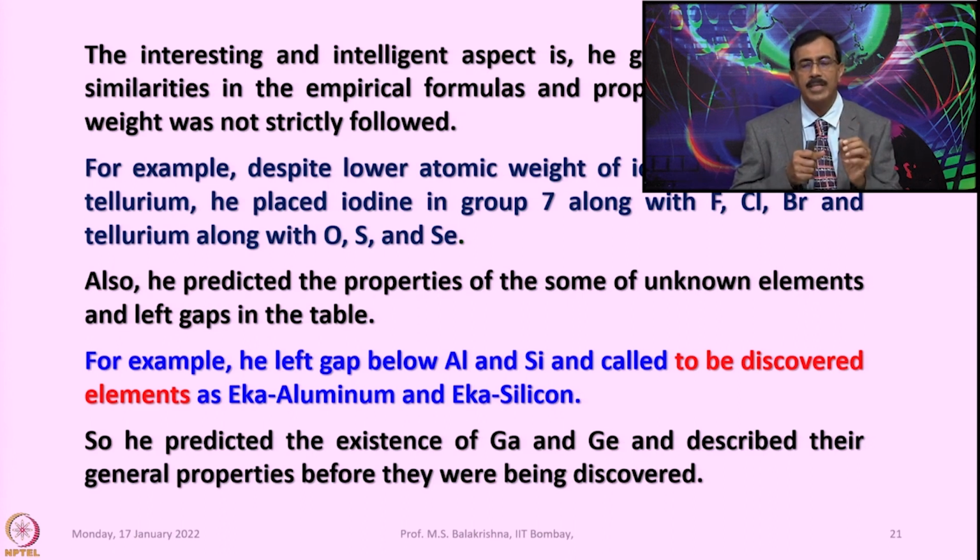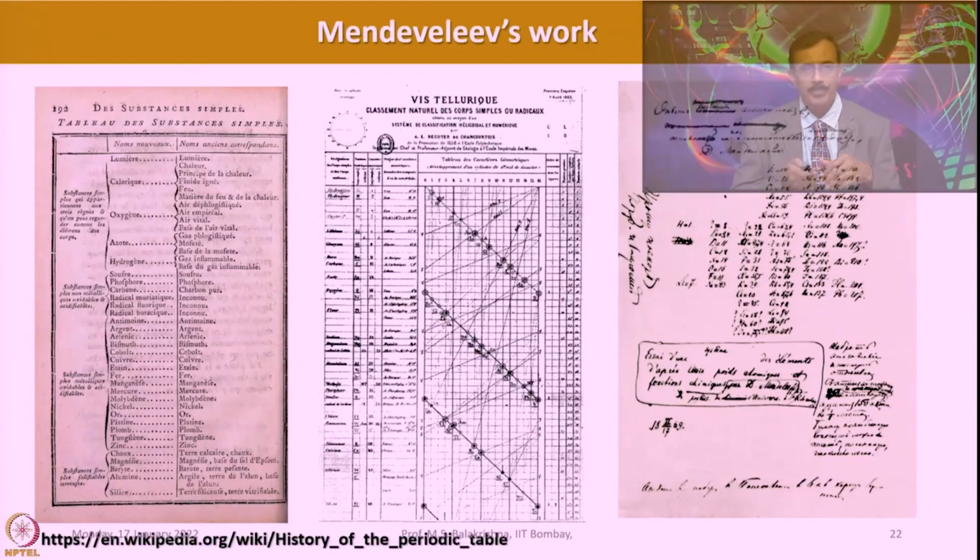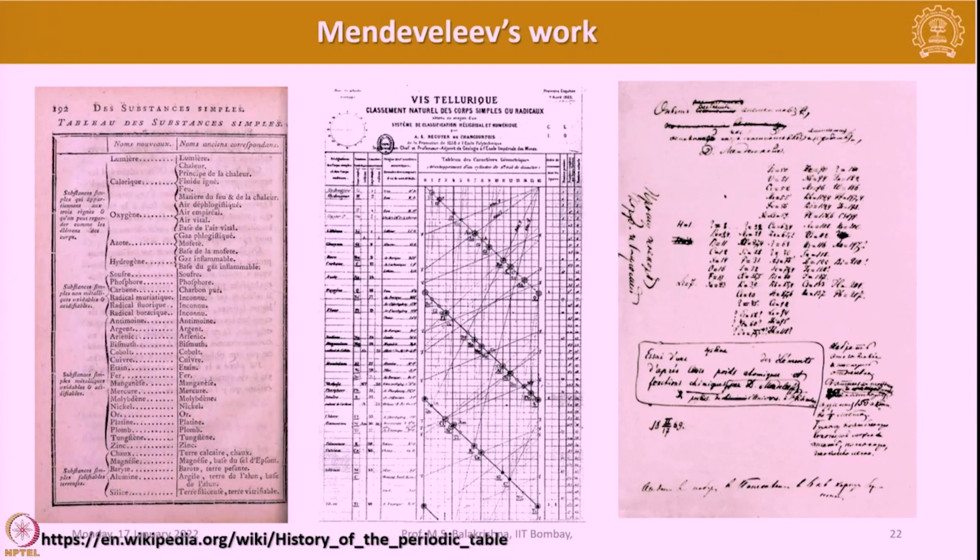So, he predicted the existence of gallium and germanium and described their general properties before they were discovered. So, this is Mendeleev's work. Of course, you can see more details about these things in Wikipedia. These are the works towards the periodic table that Mendeleev made during that time.